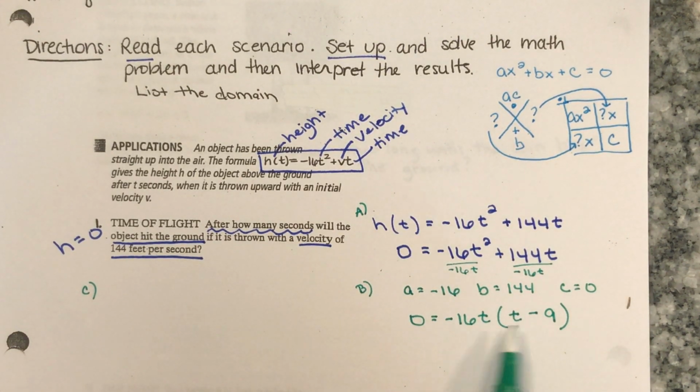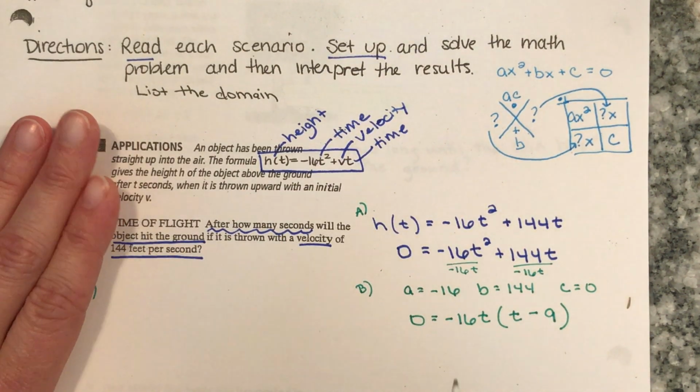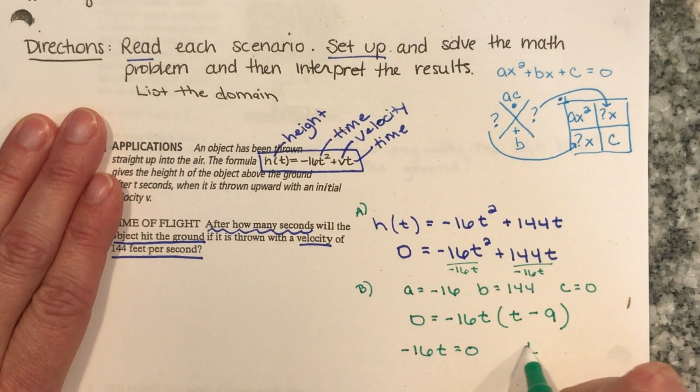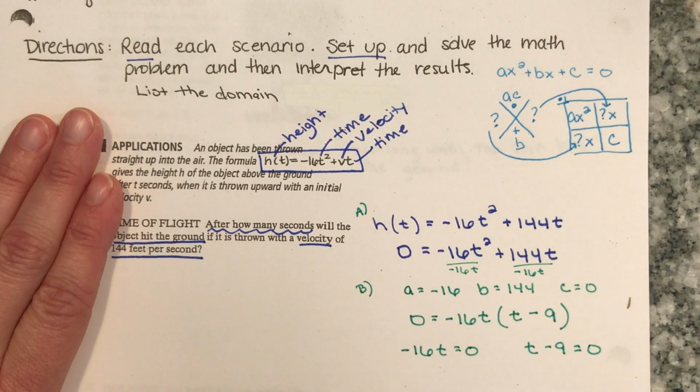I do not have a quadratic left because both t's are only to the first power now. So this is factored form, and once I have it in factored form, as long as I'm multiplying 2 things together and the final answer has to be 0, like you worked on last week, well, then either the first factor is 0 or the second factor has to be equal to 0.